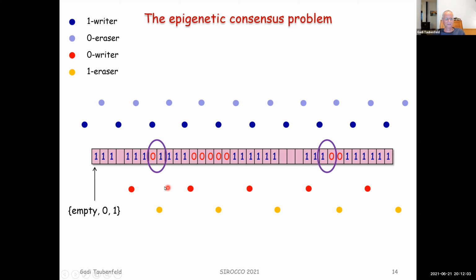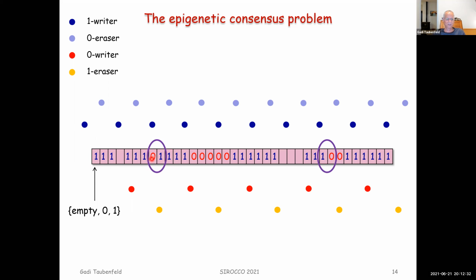Okay, so this is one of the main algorithms that we have in the paper. We also discuss variants of these algorithms. For example, it can be that the writer, whenever it scans and sees a collision, simply waits on this collision until one of the values is erased, and then it tries to write into it.